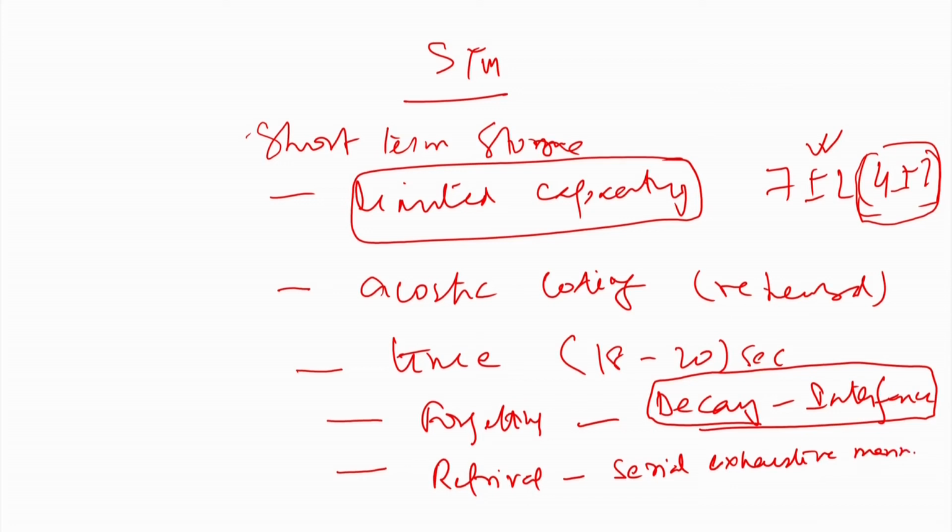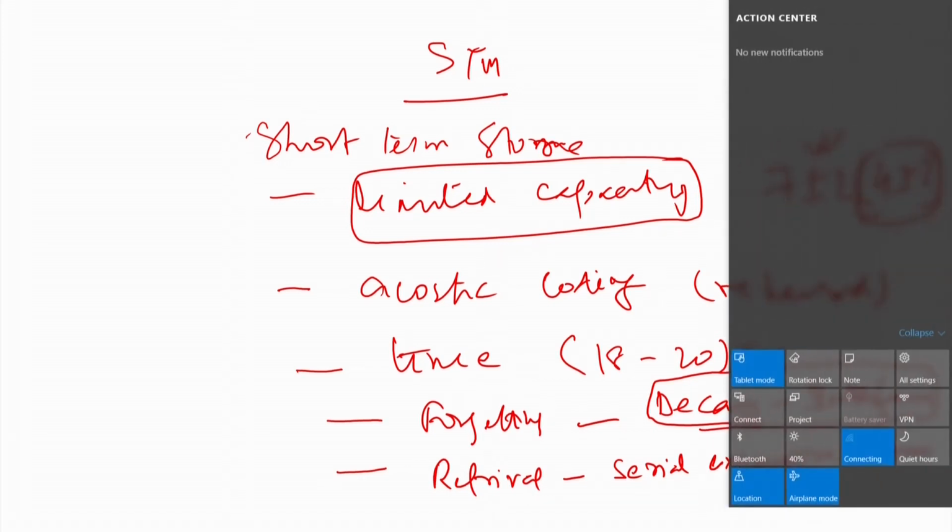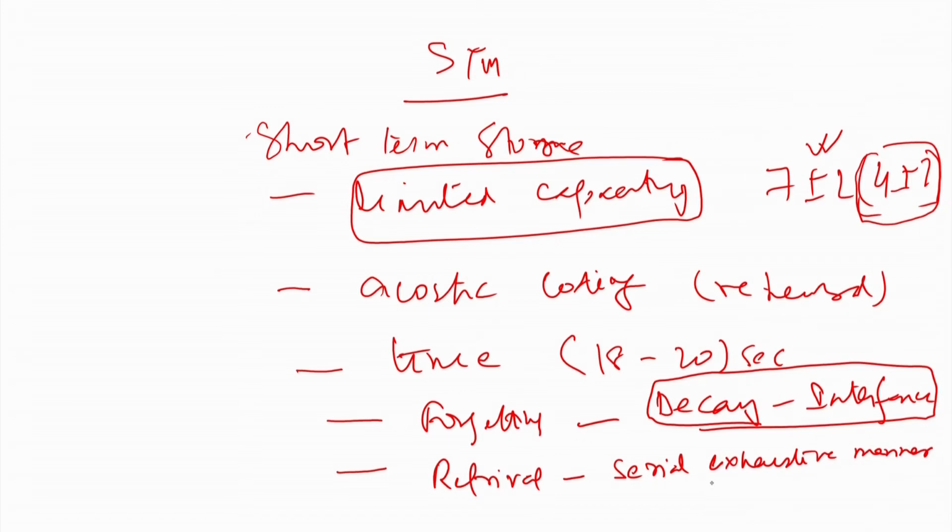But depending on the type of material used, this serial exhaustive search could also turn out to be a parallel exhaustive search or some other form of search which could be needed.